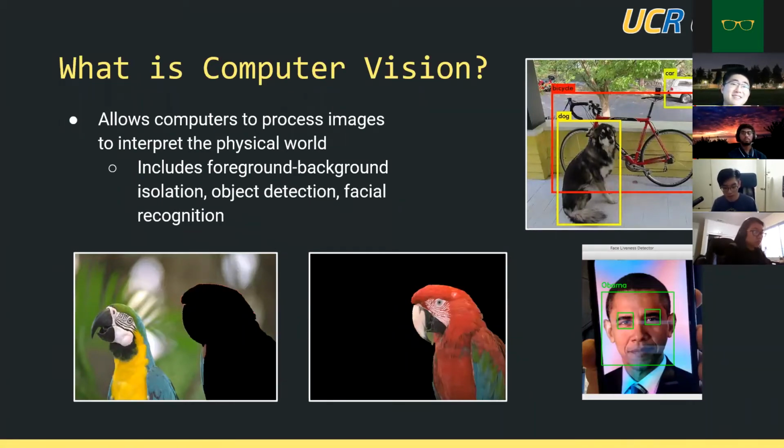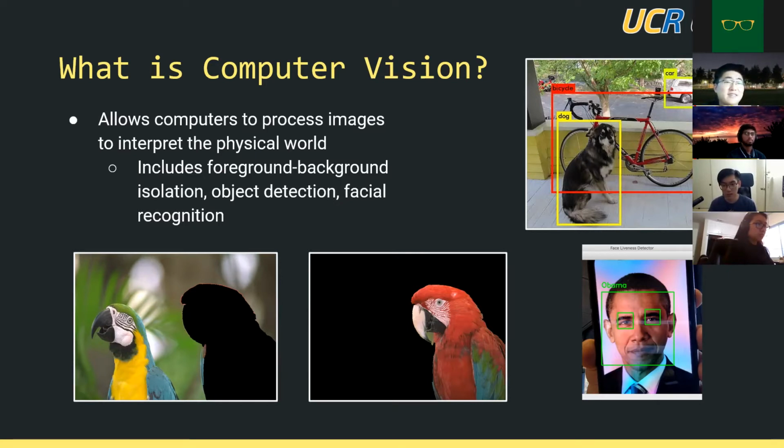Because I know that when I first started computer vision, I didn't really know what it meant. Like, it's just cameras, right? But it's a little bit more complicated than that, in that we have an image from a camera, and then we have a computer that doesn't really have a brain like us, but we have to figure out how we can tell the computer what's going on in the picture.